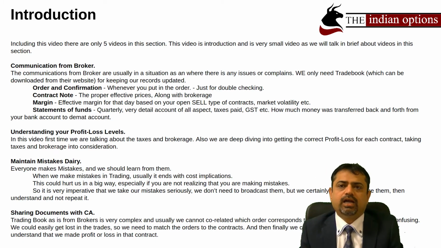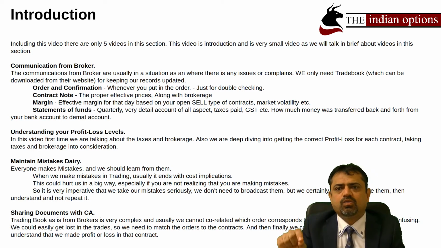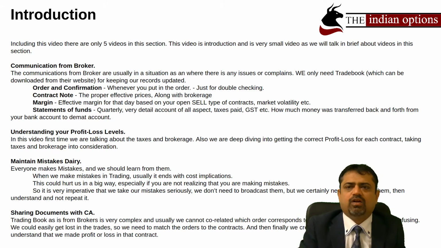And again at night you will get a mail called the contract note. Now this mail is more detail oriented. It tells about the effective prices that you have got, and how much brokerage you have paid and things like that. Effective prices means, for example, you saw on the trading screen that something is at 100 rupees, and you want to sell at 100 rupees.